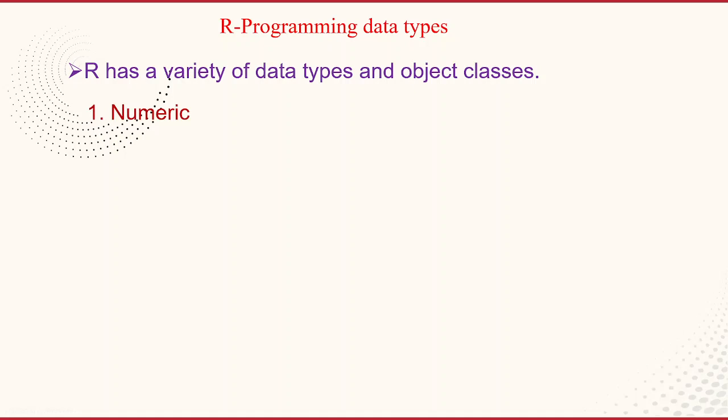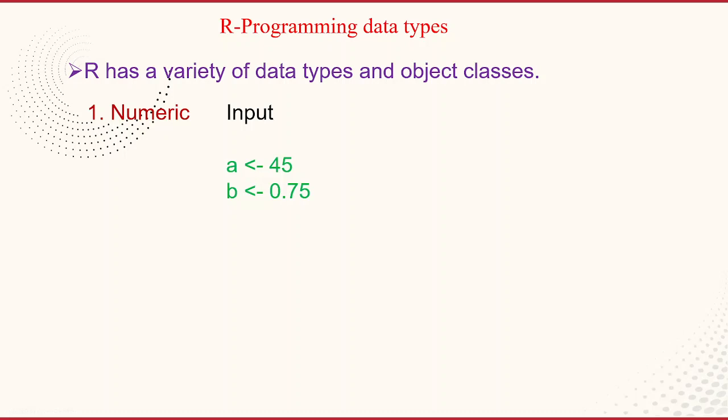Numeric. This data type is used to represent numeric values such as integers and decimal numbers. Let us see how we can write the input program in R for the numeric data. A tends to 45, B tends to 0.75.